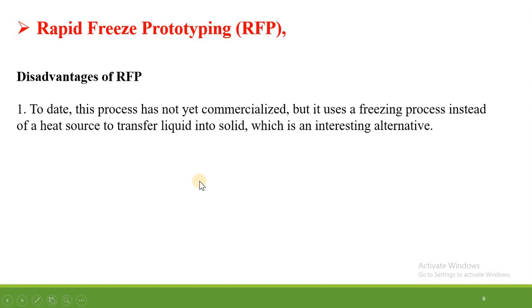In stereolithography, the photoresin is converted from liquid to solid by using a UV laser. But in rapid freeze prototyping, we are converting liquid into solid by removing heat. So this is the opposite process to stereolithography, which is the interesting point.